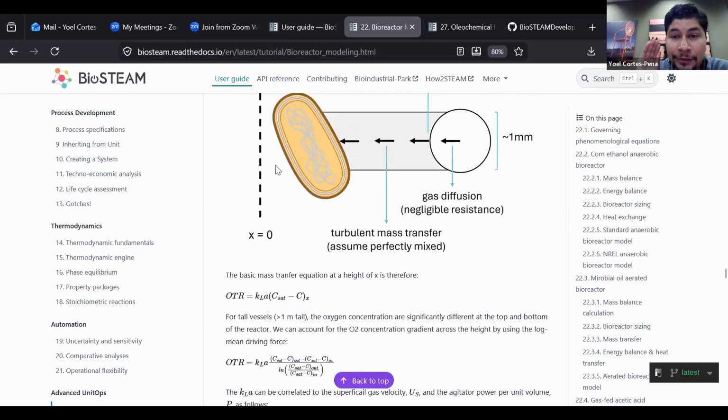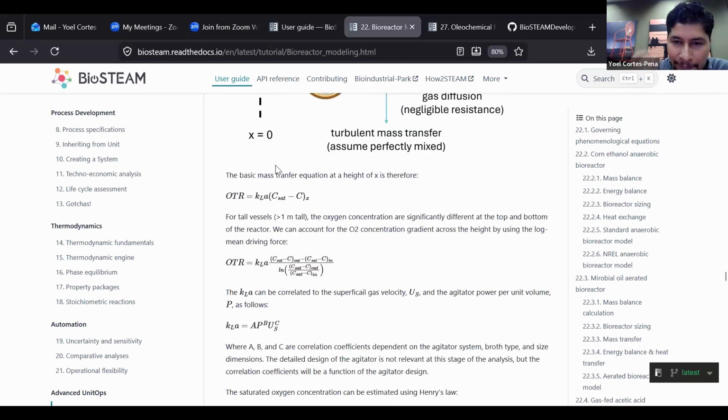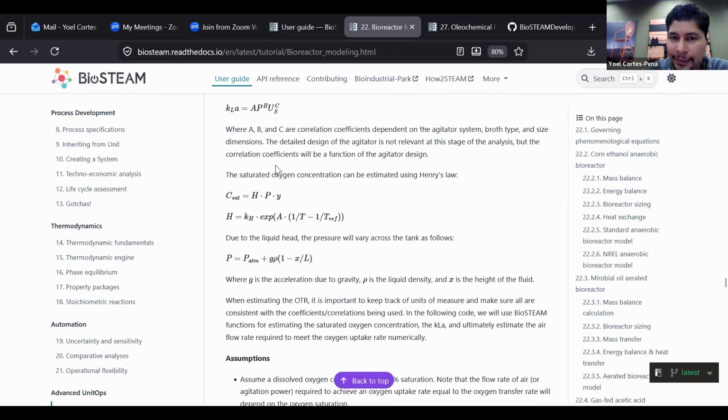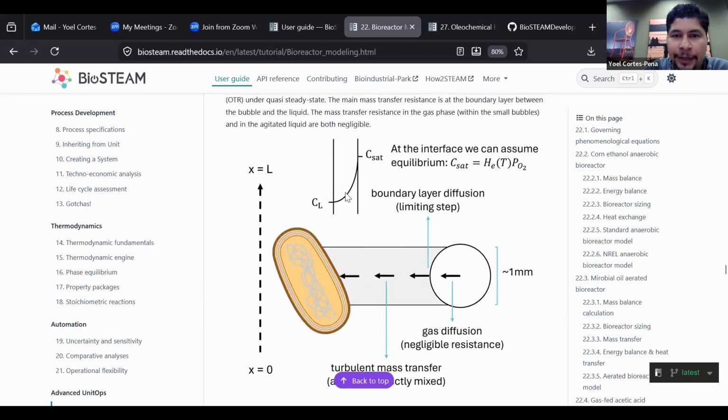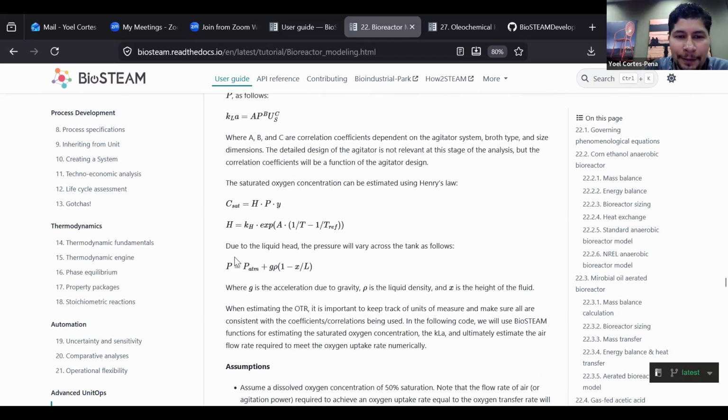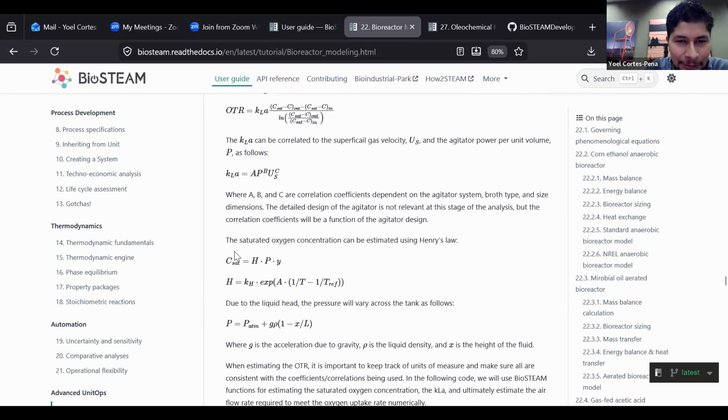So if the gas is flowing very fast, then you have faster mass transfer because it decreases the size of your boundary layer.